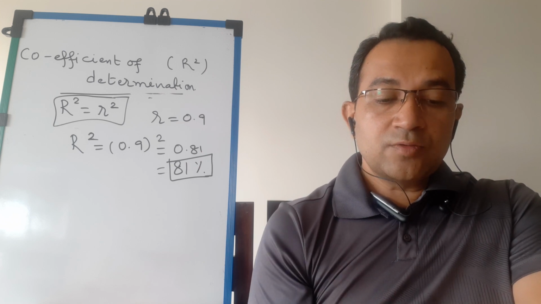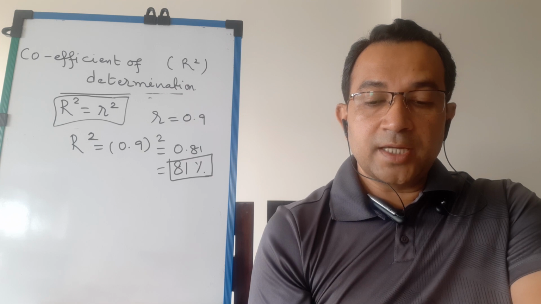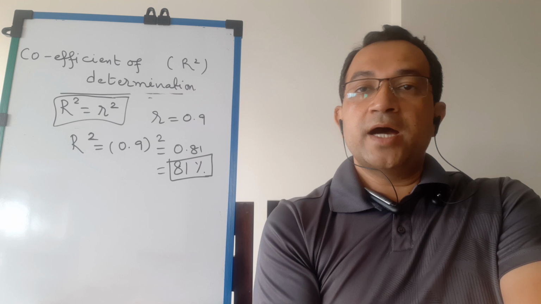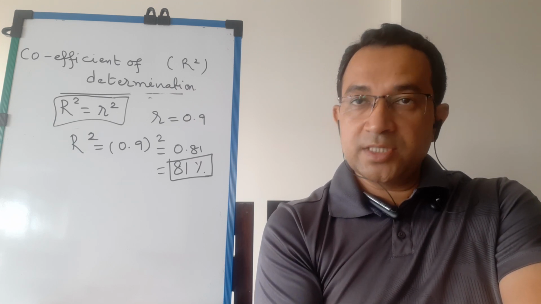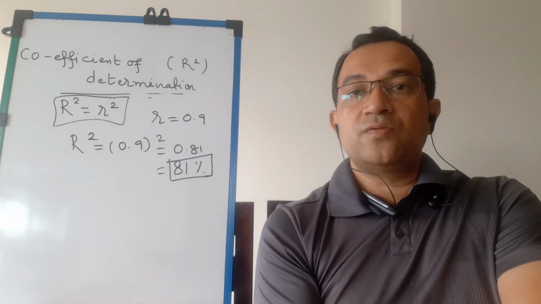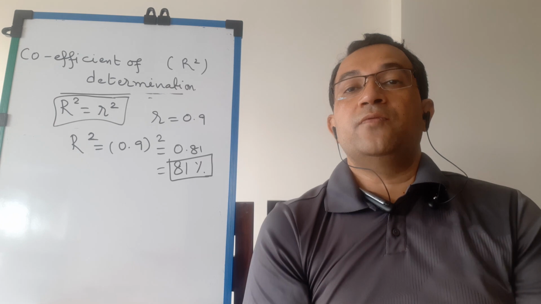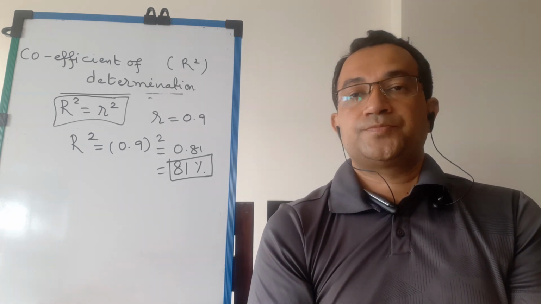Now if R is equal to 0.8, how much part of variation in the dependent variable can be explained by the regression model, means line? So if R is 0.8, R square is 0.8 square, which is 0.64, and that is 64%. So 64% of the total variation in the value of y can be obtained from the regression line.